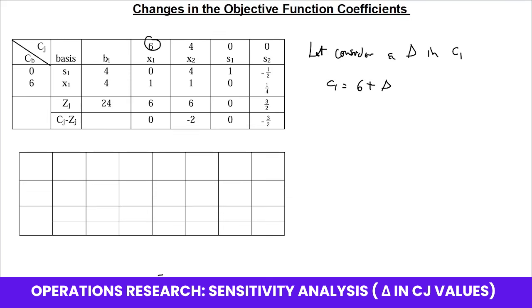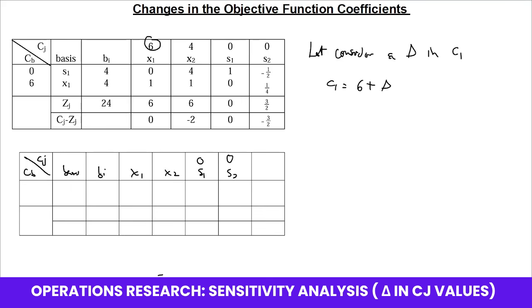So we are going to draw our simplest table again. Cj, and then Cb here, we have our basis, bi, x1, x2, s1, s2.